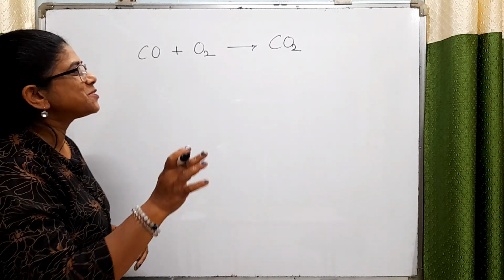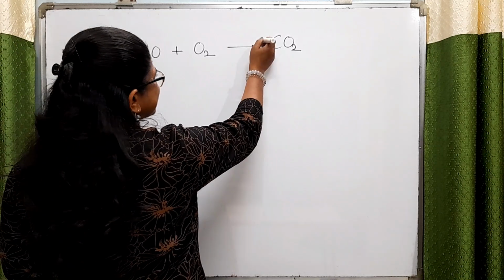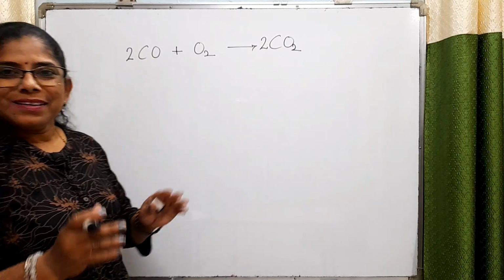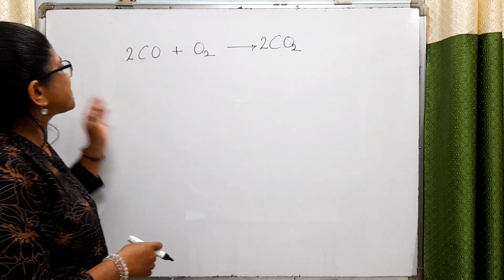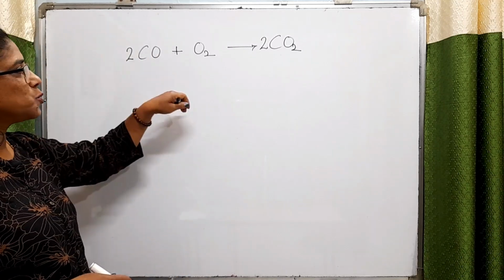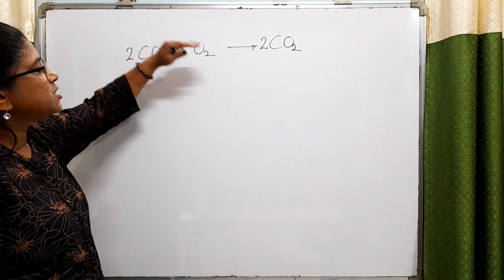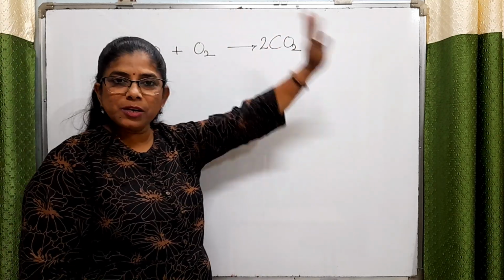Reaction is not balanced, we will balance it. This is balanced reaction. 2CO plus O2 gives us 2CO2. Carbon monoxide reacts with oxygen to give carbon dioxide.